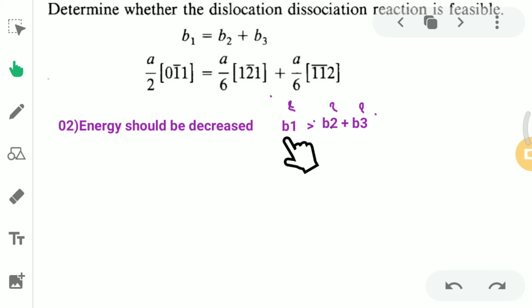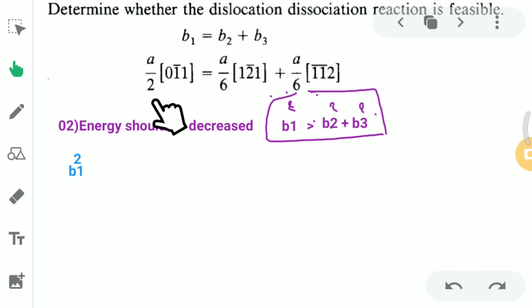For finding b1 square, this is the b1 component, b2 component, b3 component. b1 square is equal to a square by 4. First of all, square this term a by 2, and we will get a square by 4.